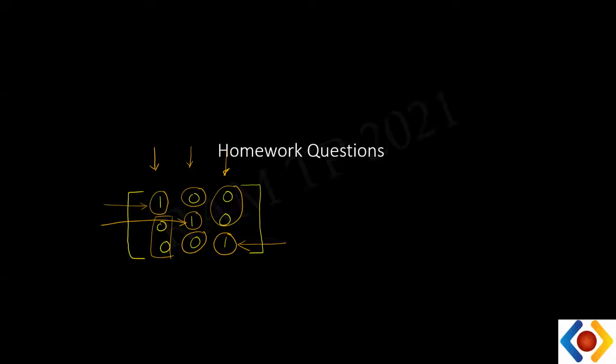Any other questions? Yes, Madan. Sir, can we do it row-wise instead of column-wise? We did operations row-wise only. Are you talking about the sequence, like doing this first and then this? Yes, sir. Ah, okay.